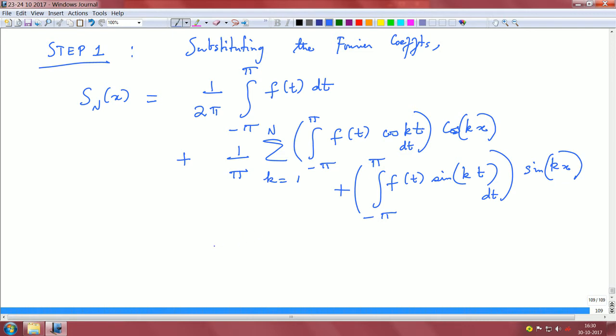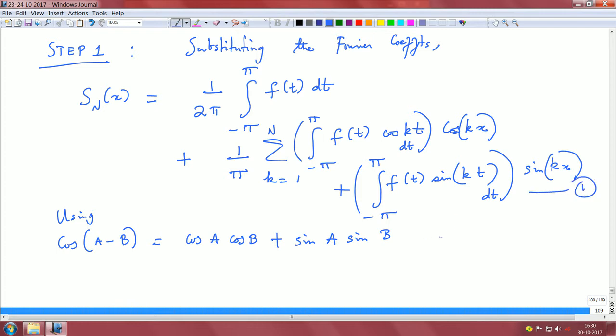So, I can say Sn of x, and I can use this formula, the compound angle formula, cos a minus b is cos a cos b plus sin a sin b. Using this, I call this equation 1.